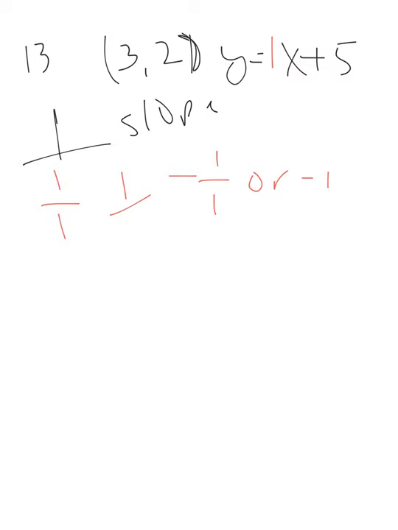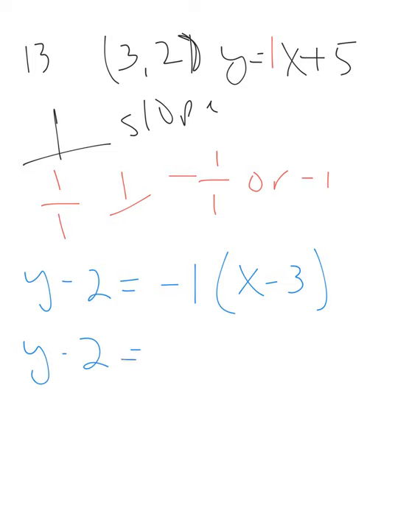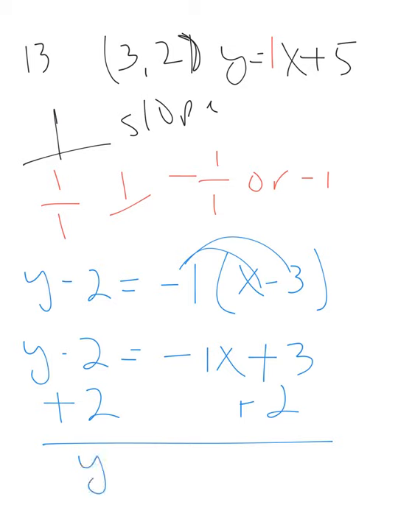All right, that's the bells. So, same formula, y minus 2 equals negative 1, x minus 3. Y minus 2, negative 1x plus 3. Negative 1 times negative 3 is positive 3. Let's add 2. Negative 1x plus 5, or negative x plus 5.